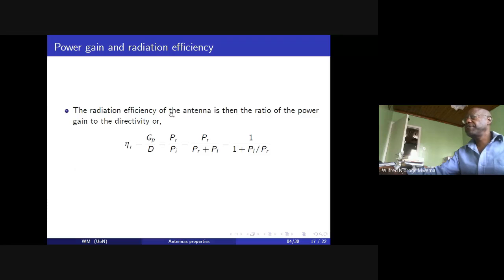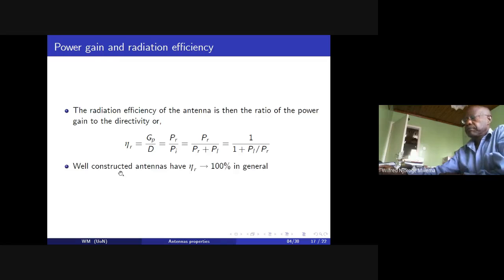The radiation efficiency of the antenna is then the ratio of the power gain to the directivity, or we can write it as eta R, the radiation efficiency, equal to the power gain divided by the directivity of the antenna, or PR over PI, which gives us PR over PR plus PL, or 1 over 1 plus PL over PR. So well-constructed antennas will have efficiencies that approach 100% in general.